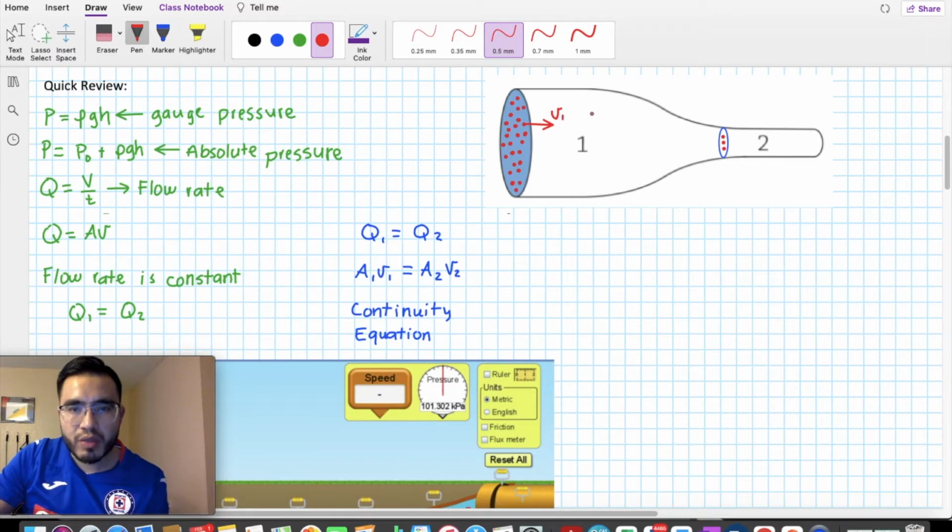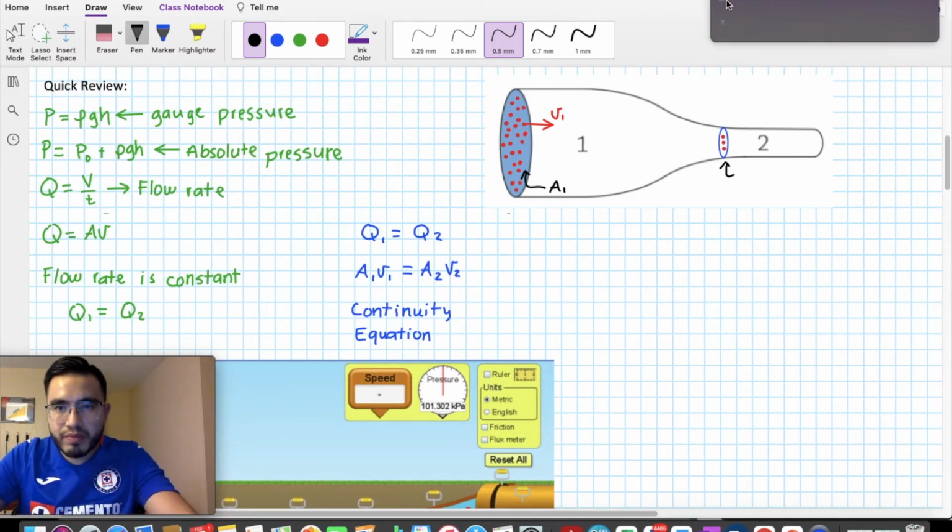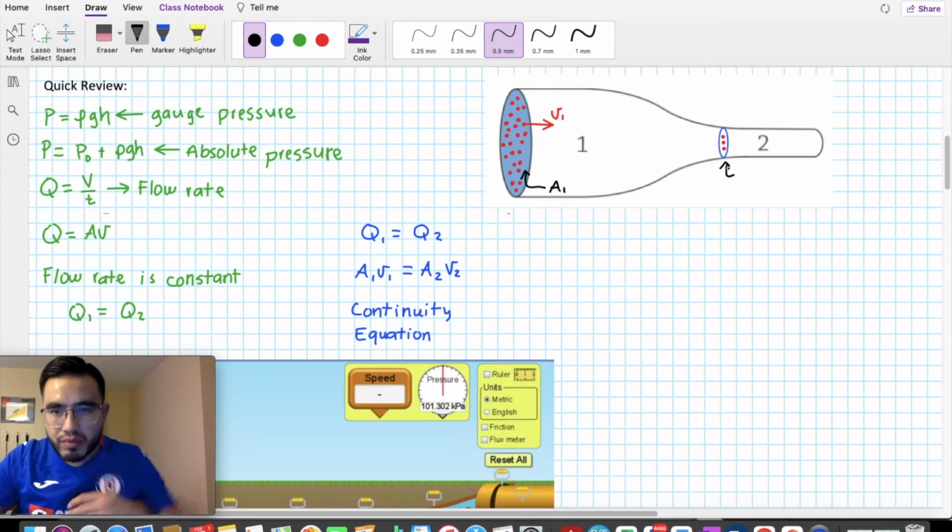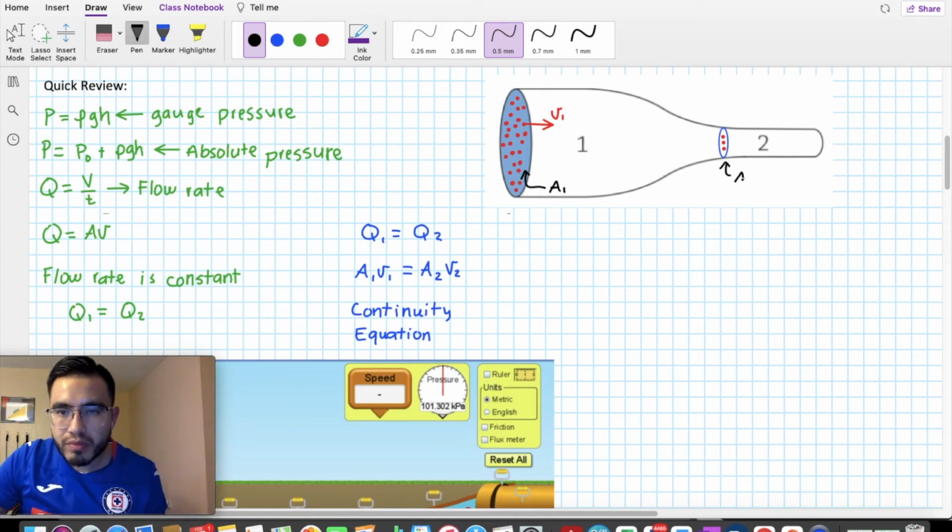So velocity 1, the reason why is this is cross-sectional area 1. Let's call this cross-sectional area 1. And then we have, this is cross-sectional area 2.